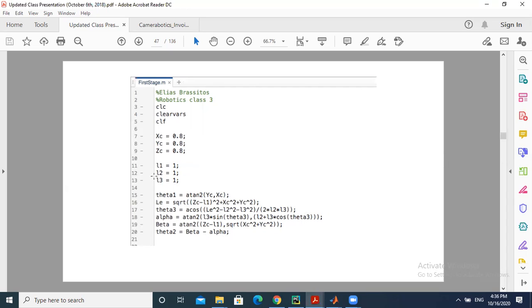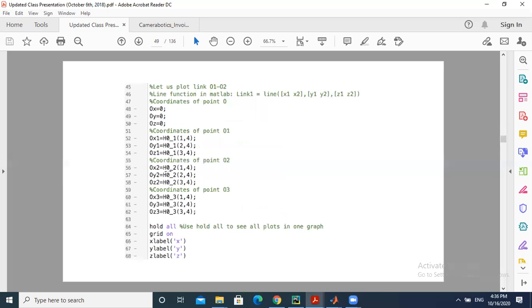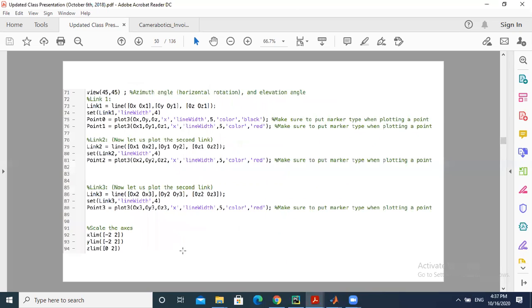Obviously you can change any dimensions of the robot, or where you would like your end effector to be, and based on that we solve all these angles. After that, like I said, we do the homogeneous transformations, and then we can obtain the origins of the various frames. Then we can plot them, right?